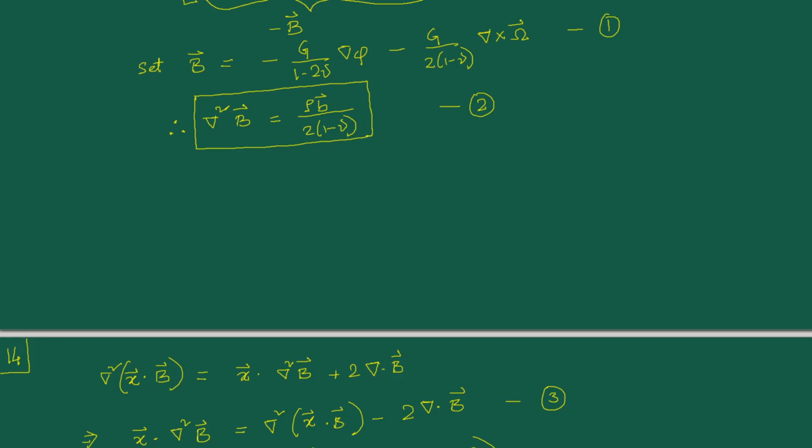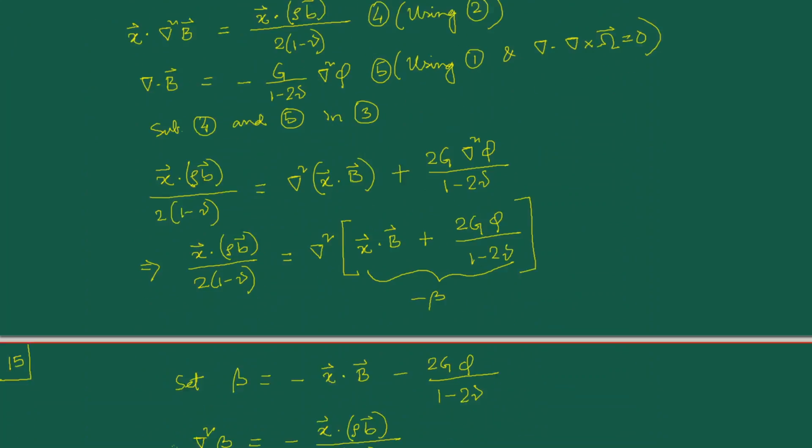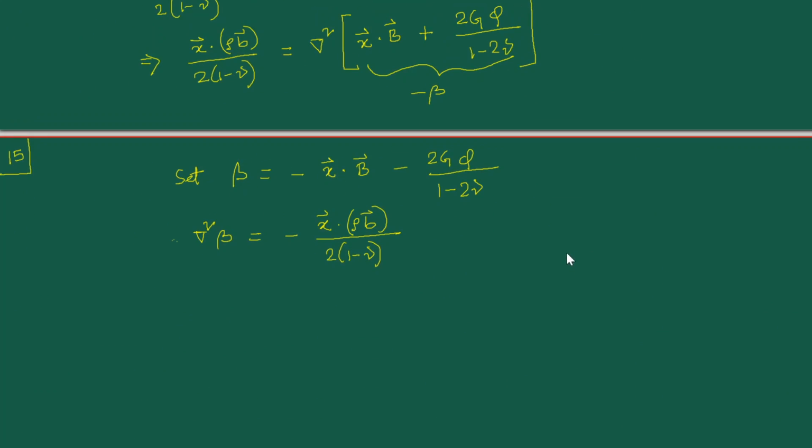Now look at the equation that we have just arrived at. On the right hand side you see rho b vector. This is something which will be known to us in a particular problem. The x vector also will be known to us, because that is dependent just on the choice of the coordinate system. These are material properties.